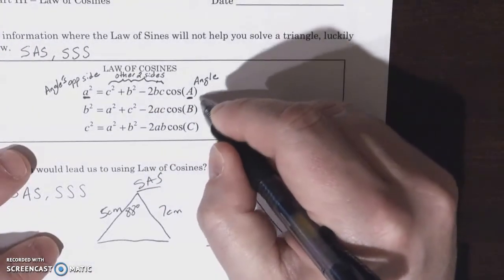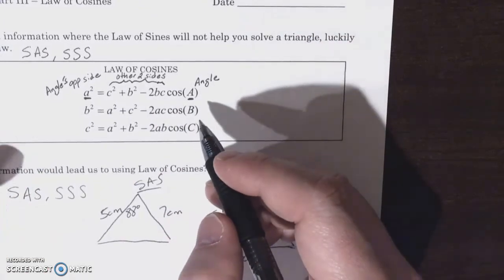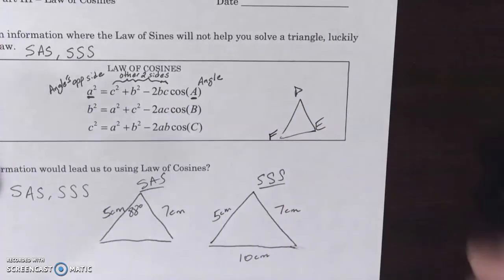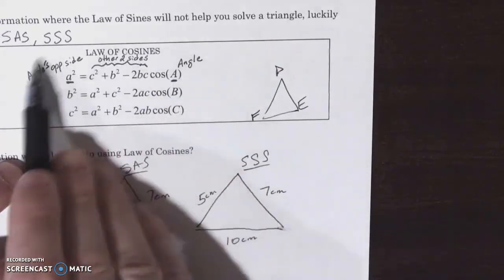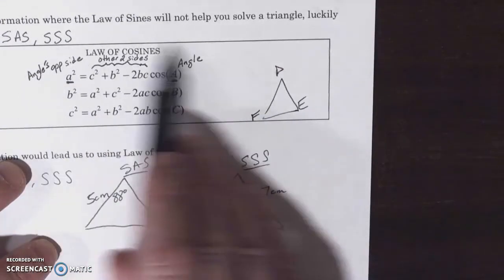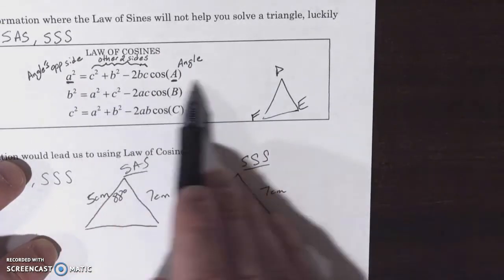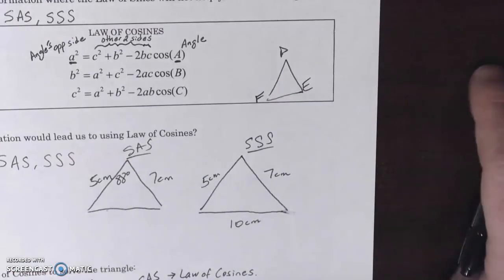If you want to memorize all three of these and be very specific, that's fine, but I don't want you to get confused if we give you triangle DEF. There are no D's, E's, and F's here, which is why we talked about it as a general formula. What parts are represented in this one formula? That's the way I'd like you guys to think about it. And we're good for law of cosines.